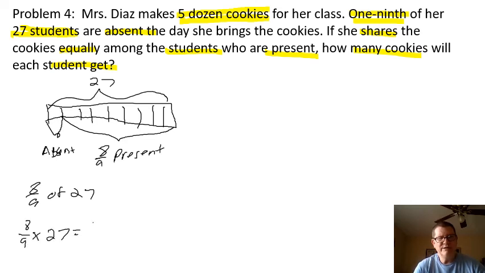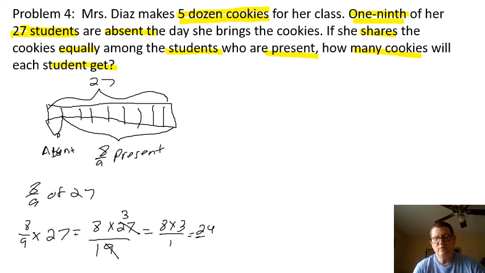So now I can rewrite this as 8 times 27 over 9. I like to write it like that because now I know that 9 can go into 9 one time and 9 goes into 27 three times, which leaves us with 8 times 3 over 1, which equals 24 over 1, which equals 24. So she actually has 24 students that day to share the cookies.